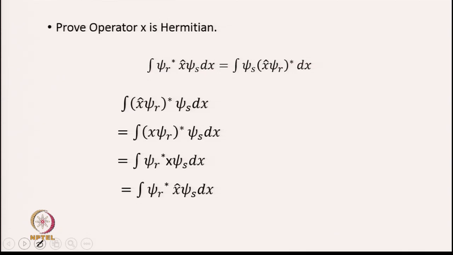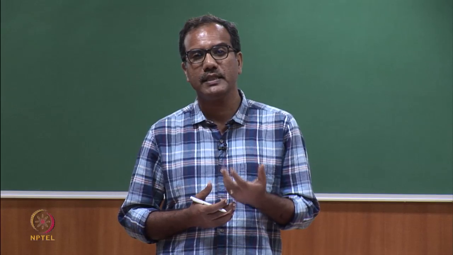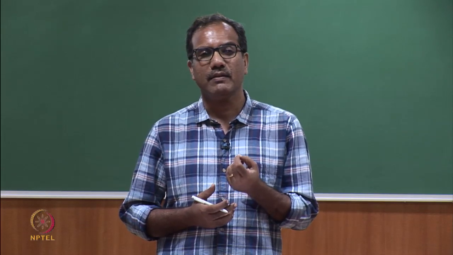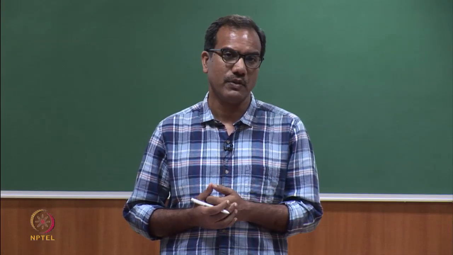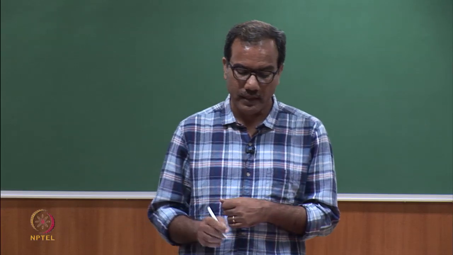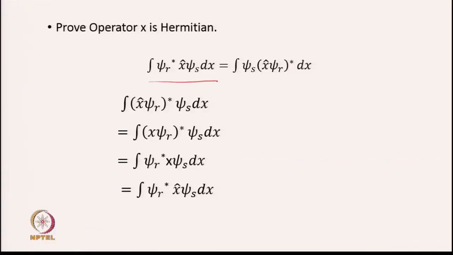Now, let us think about how we can see whether a particular operator is Hermitian or not. So, let us think about the operator x. You have taken two wave functions psi r and psi s. Now we are calculating psi r star into the x operator applied on the psi s wave function, dx.